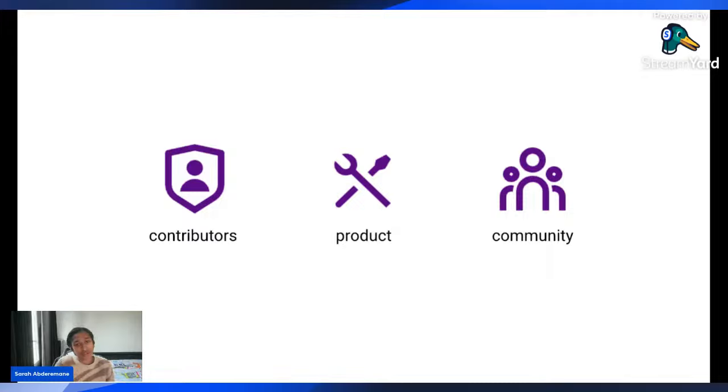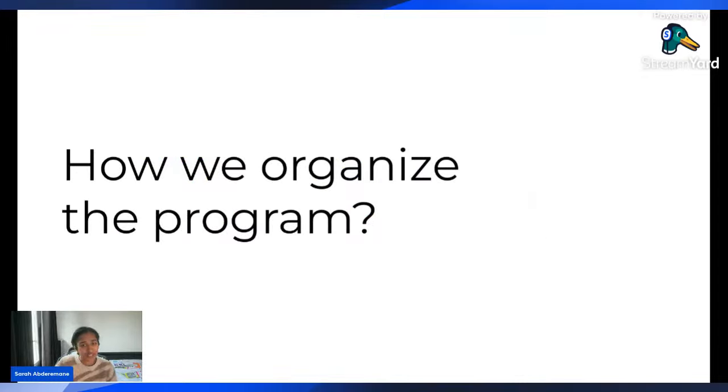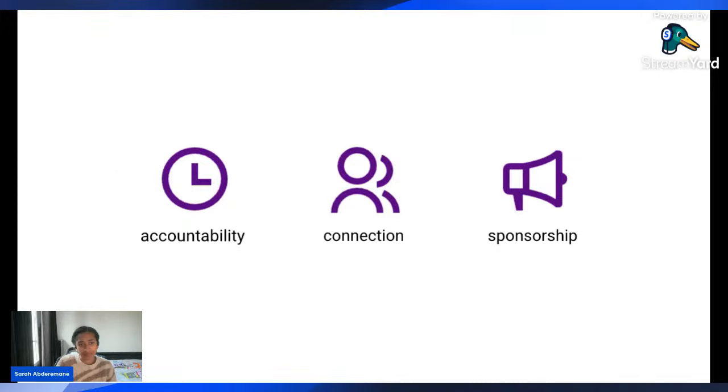But one question you may have is how we organize this program. We needed to define the major elements we want through this program, and we defined 3 of them: accountability, connection, and sponsorship. Accountability is achieved through our weekly catch-up, which encourages the Djangonauts, the participants, to continue to invest in their progress.